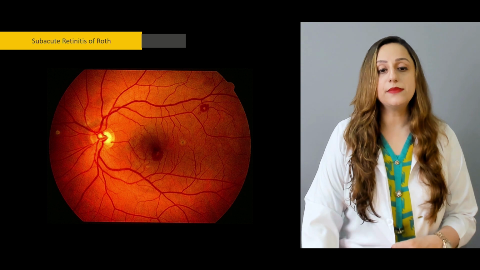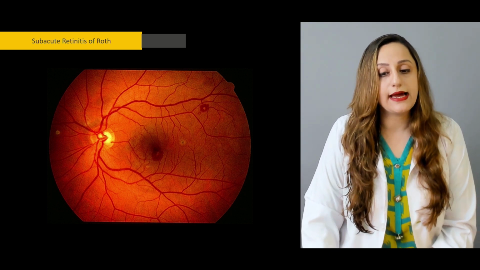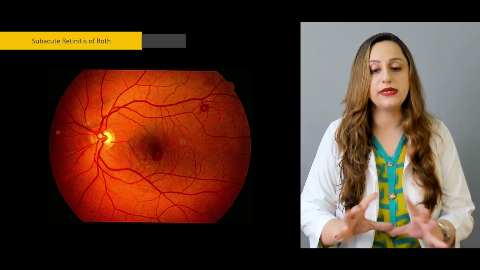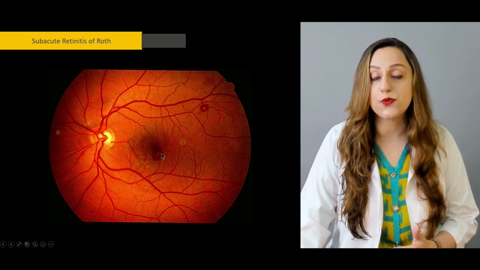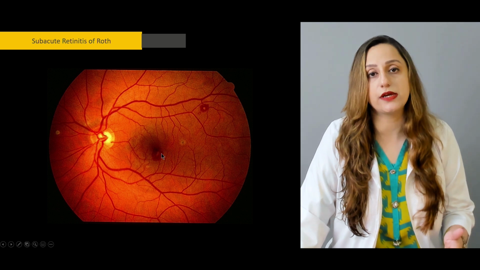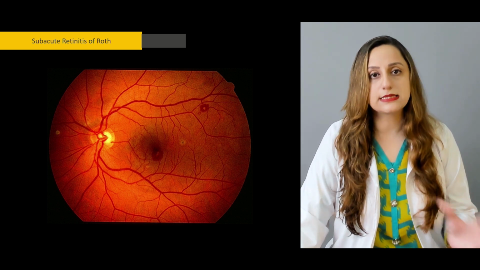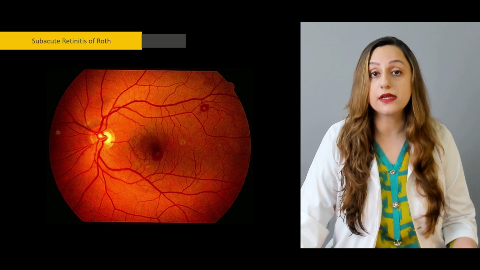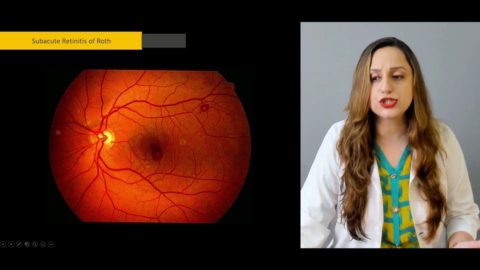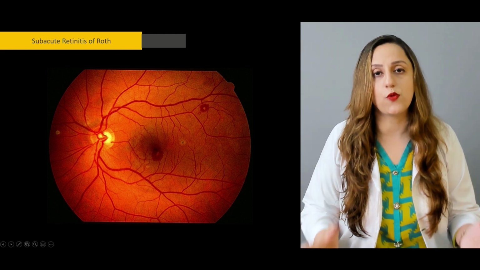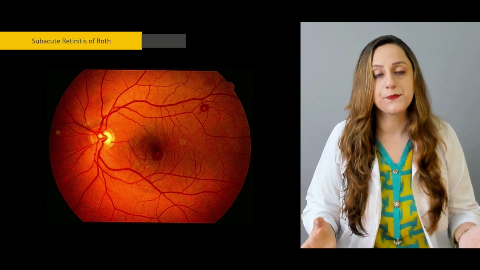Then we have the subacute retinitis of Roth, and we already discussed that there are pigmentary changes occurring, known as the Roth spots. The clinical duration here would be subacute, and the condition occurs in a rather chronic phase. The causative factors are not known. The vision is affected.